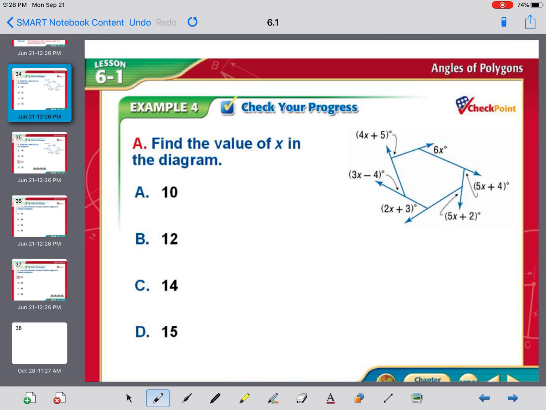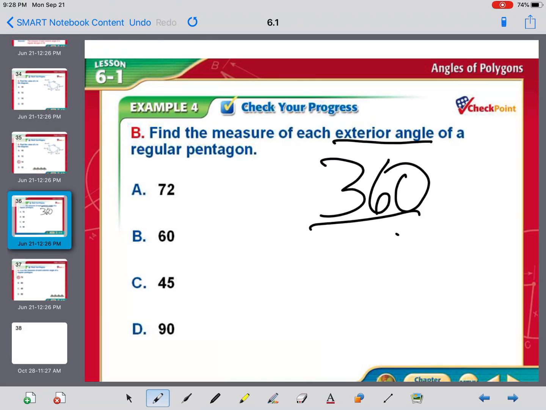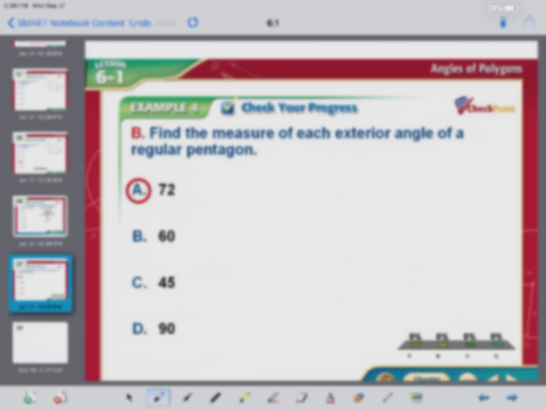So this is just more of the same practice. Let me do this one, the exterior angle of a regular pentagon. It's 360 in all. In a pentagon, there are 5 congruent ones. You divide 360 by 5. Answer, 72.